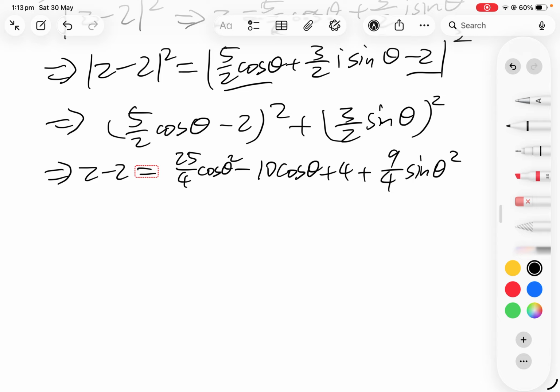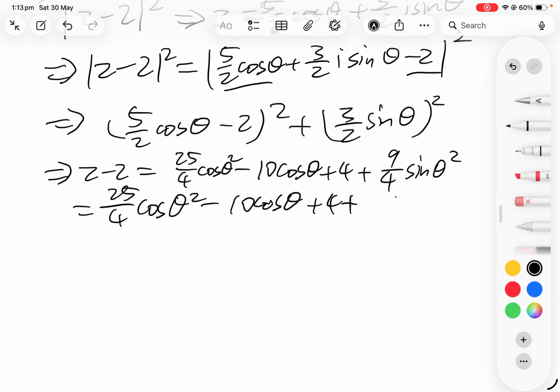So that we can make sine theta squared equal something else using the identity. So that just equals 9 over 4 times 1 minus cos theta squared.